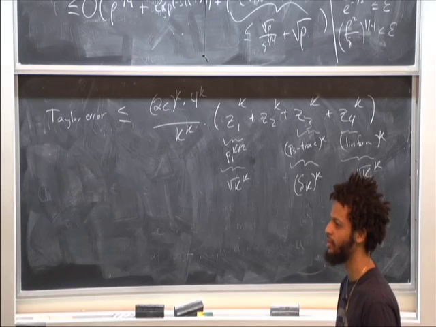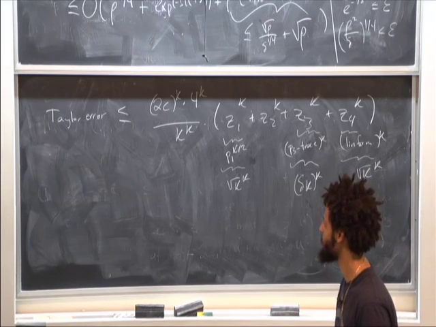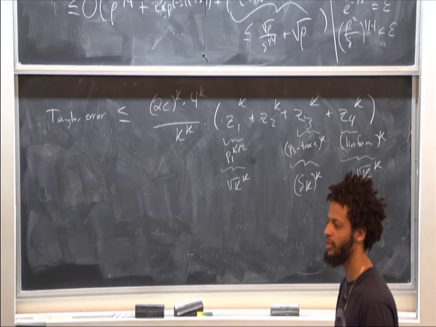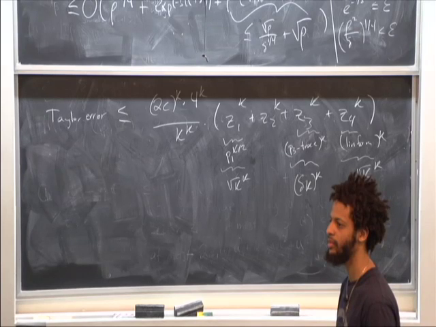Every rank 1 is just a single variable. Like in the Gaussian case, it's a linear form, and in the Gaussian space it doesn't matter because it's a one-dimensional Gaussian.